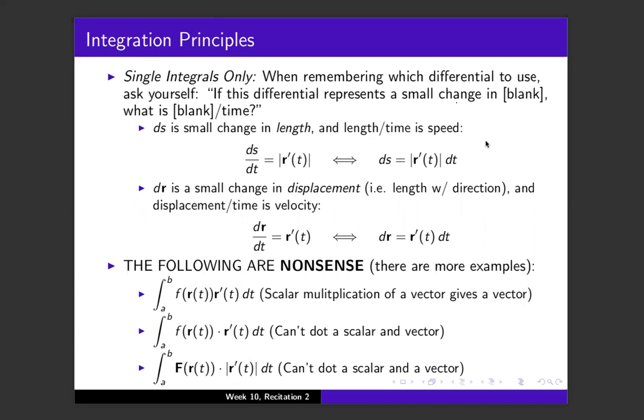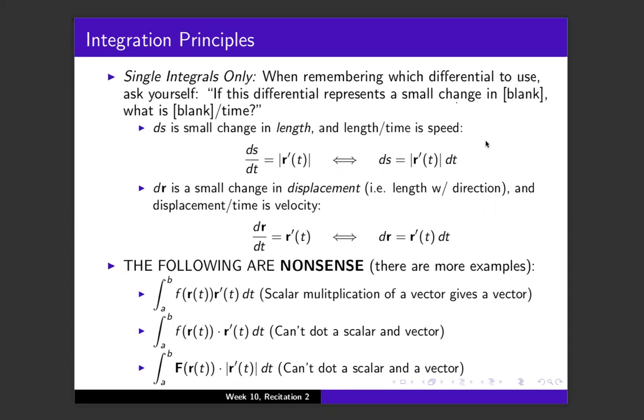That's scalar multiplication, and that gives a vector. You want that to be a scalar. On the other hand, you can take little f of r of t dot r prime t dt. That doesn't make sense either, because you're then dotting a scalar and a vector. That's not going to work. Or you can take the vector field F of r of t dotted with the magnitude of r prime. You can't do that either, because the magnitude of r prime is a scalar, and you can't dot a vector and a scalar.